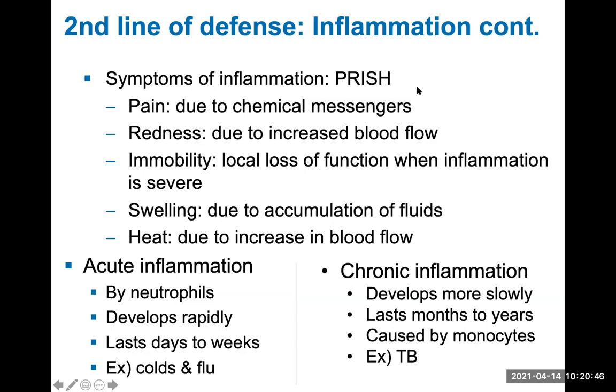But the loss of function is not just movement, right? If it's in the liver and your liver becomes severely inflamed, you may temporarily lose the ability to properly filter the blood, which the liver does, and the liver does a whole lot of other functions as well. You could have jaundice as a sign that the liver is not functioning.